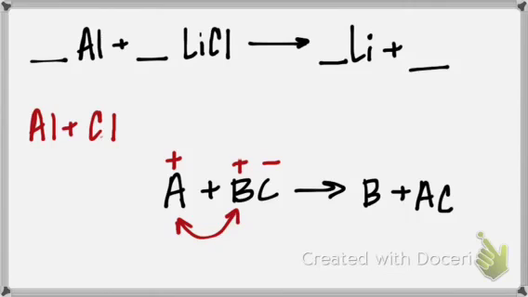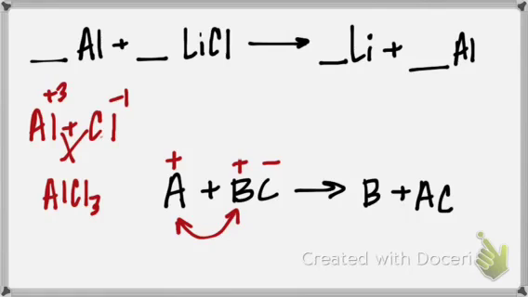What is it? +3. Yep. And chlorine? -1. So I'm going to swap and drop, and I'm going to get AlCl3. So that is my final product, AlCl3.